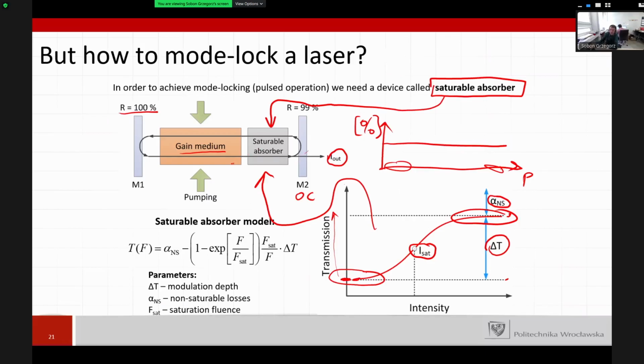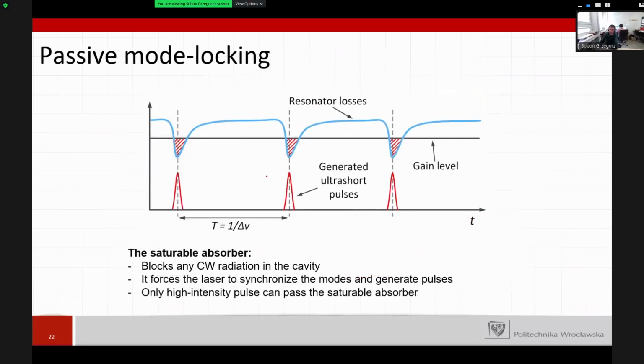So if the pulse has a higher intensity, it will pass through the saturable absorber and experience less attenuation, okay? But on the other hand, if we have any continuous wave radiation or some noise or low intensity radiation in the resonator, it will be attenuated by the saturable absorber. So if we insert such a device into our resonator, we will modulate the losses.